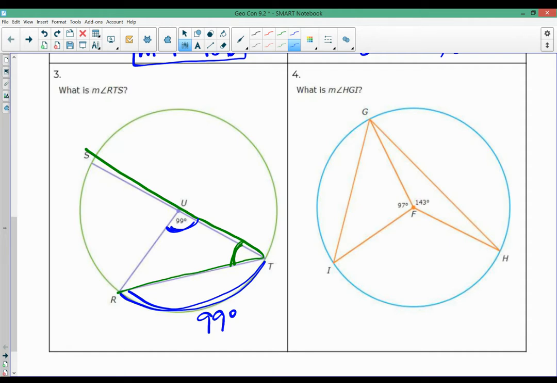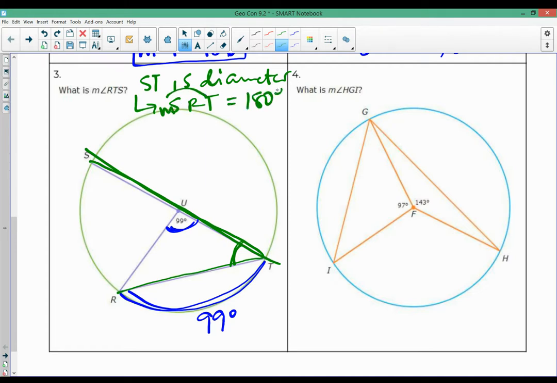So since ST is the diameter, that means that arc SRT is 180 degrees. So this whole arc would be 180 degrees. So to figure out the measure of SR, I do 180 minus 99 to get 81 degrees. So that's my intercepting arc with that angle right there.